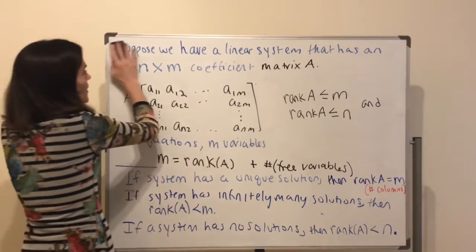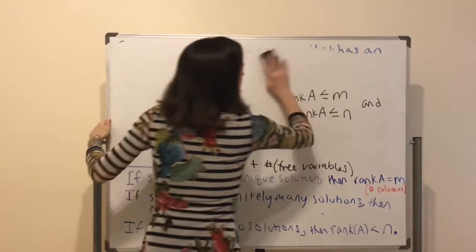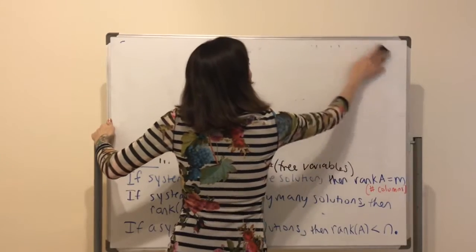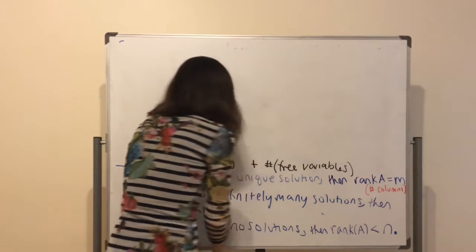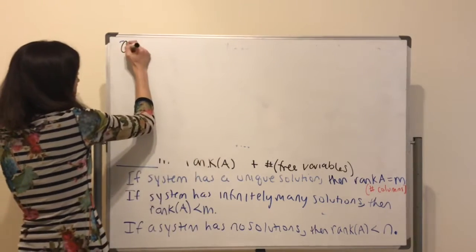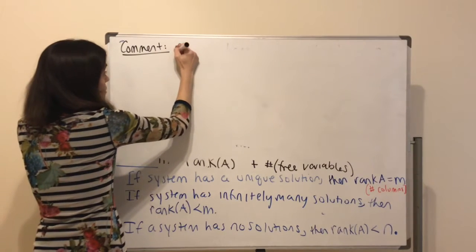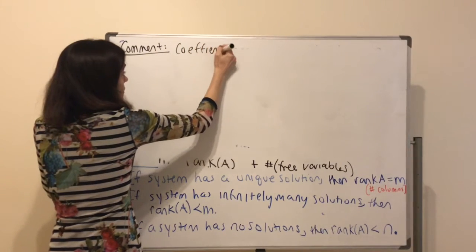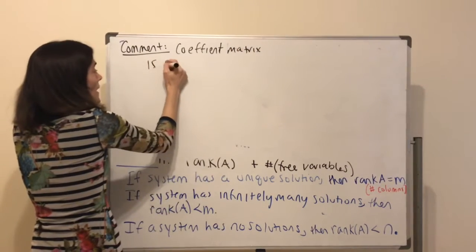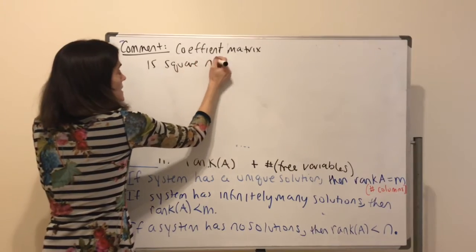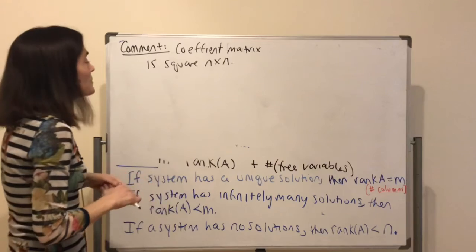Now, I want to make one more comment, and that is when you have a square matrix. Okay, so one more comment is when this coefficient matrix is square, and just say it's n by n for the moment, or I could have done m by m, but it's fine, n by n.